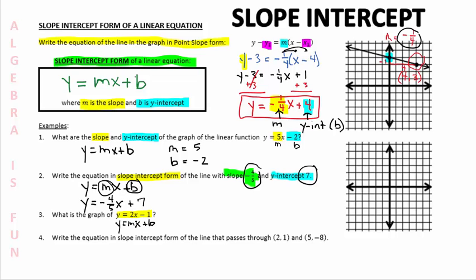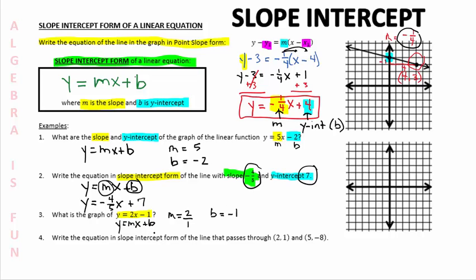So let's list what the m and the b are. The m is 2, that's our slope. And since we want it as a fraction when we graph, I'm just going to put it over 1. And our y-intercept, or b, is -1.